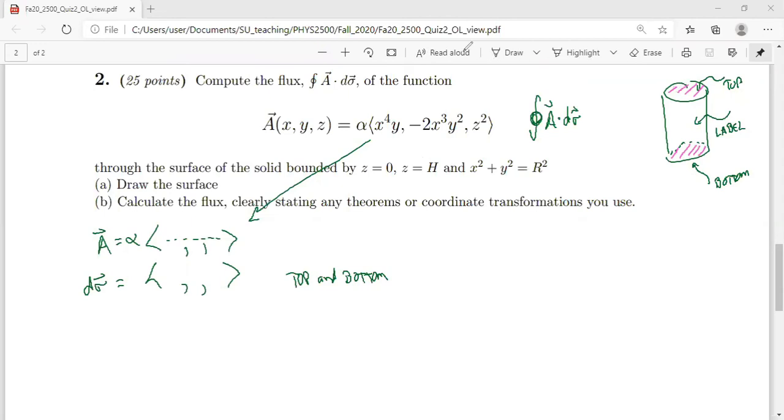In the z direction? Yeah, so at the top, absolutely, we have a plus z direction, so that's plus k hat, whatever its area is. And then here, this would be minus k hat, down. So d sigma for the top and the bottom is going to look like this, 0, 0, something.